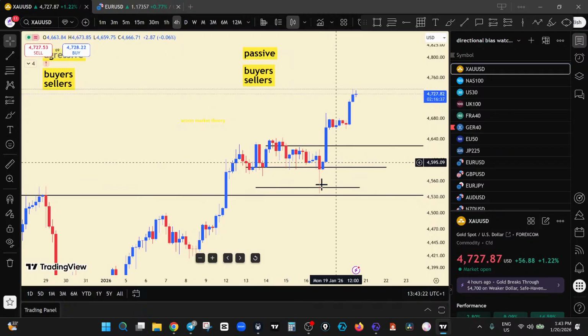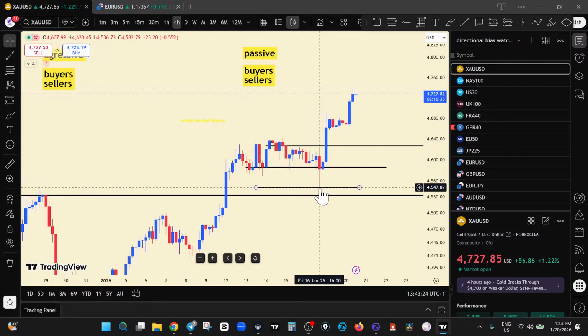While those that click buy immediately on their MT4 or MT5 are simply aggressive buyers. I believe you know the difference. If you know the difference, put 2 in the chat. If you understand what passive and aggressive means, give me 2 in the chat.